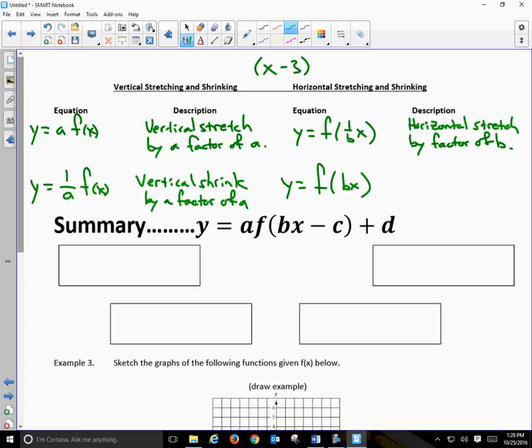And if you see a number that's greater than 1, you would probably think that it would be a stretch, but since it's on the inside, it's opposite. So it'll be a horizontal shrink or compression, either one is fine.